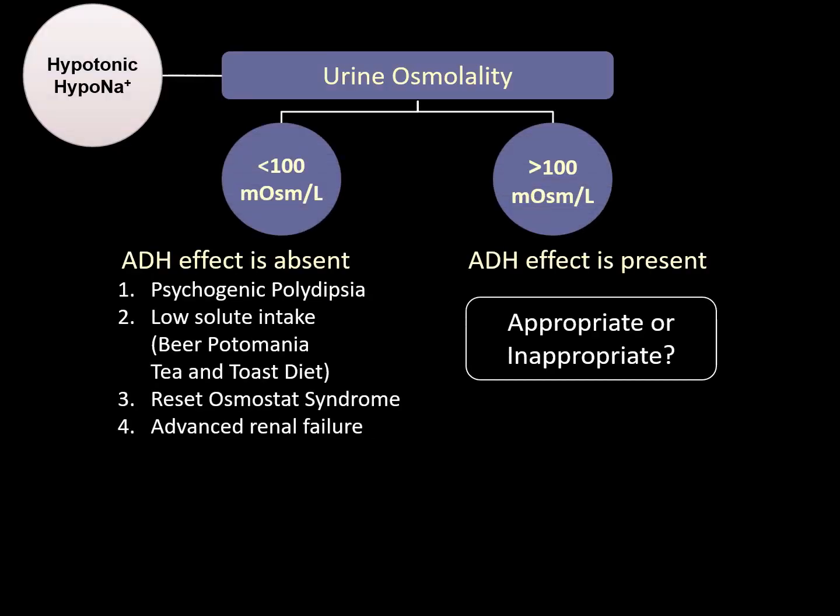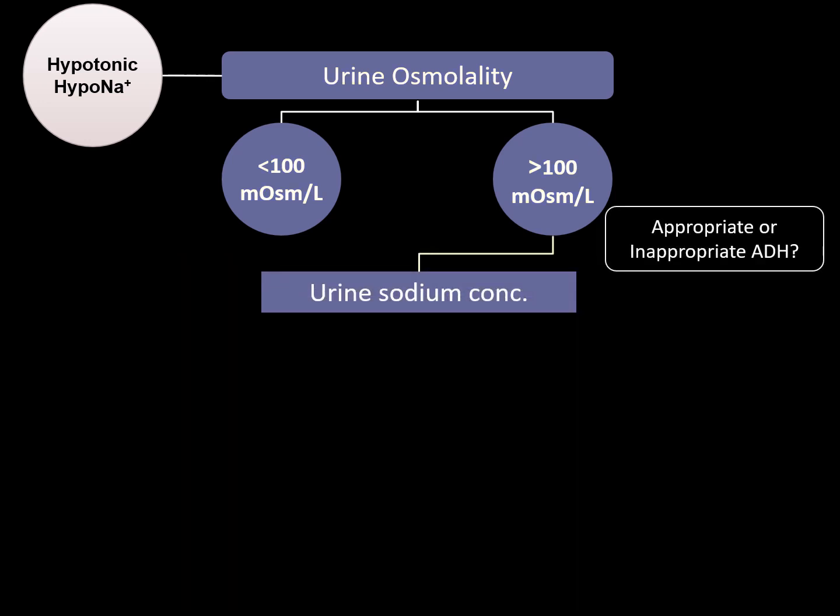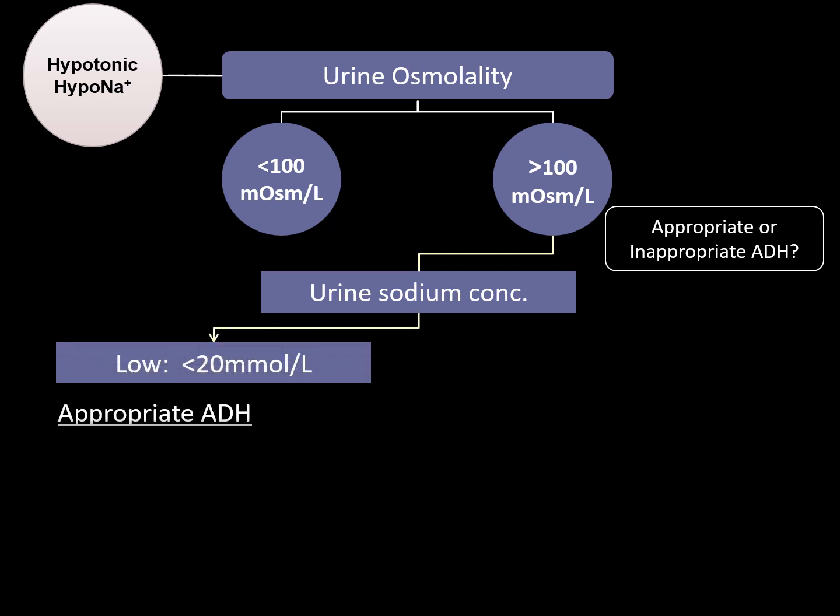If the urine osmolality is more than 100 milliosmoles per liter, we can assume that there is actually an ADH effect. We next have to determine if this ADH excretion is actually appropriate or inappropriate. In order to do that, we look at the urine sodium concentration.